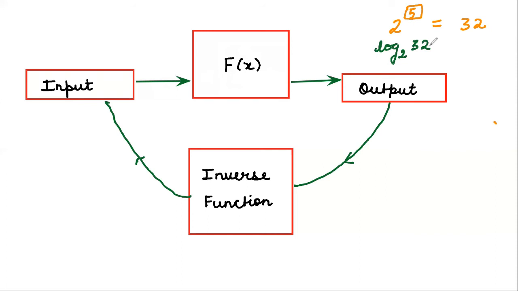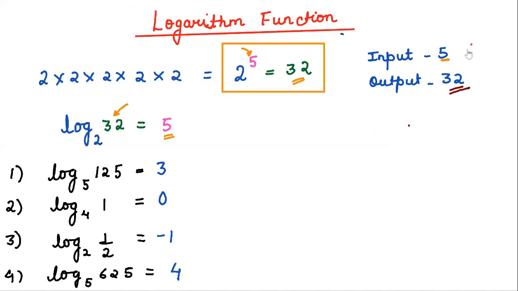Now I need to know what power we should raise 2 to so that we get the output. So that was 5. So we always say that the exponential function and the logarithm function are inverses of each other. That is why we say they are inverses of each other, because in one we know the input and we are finding out the output, and in the other we already have the output and we are finding out the input.